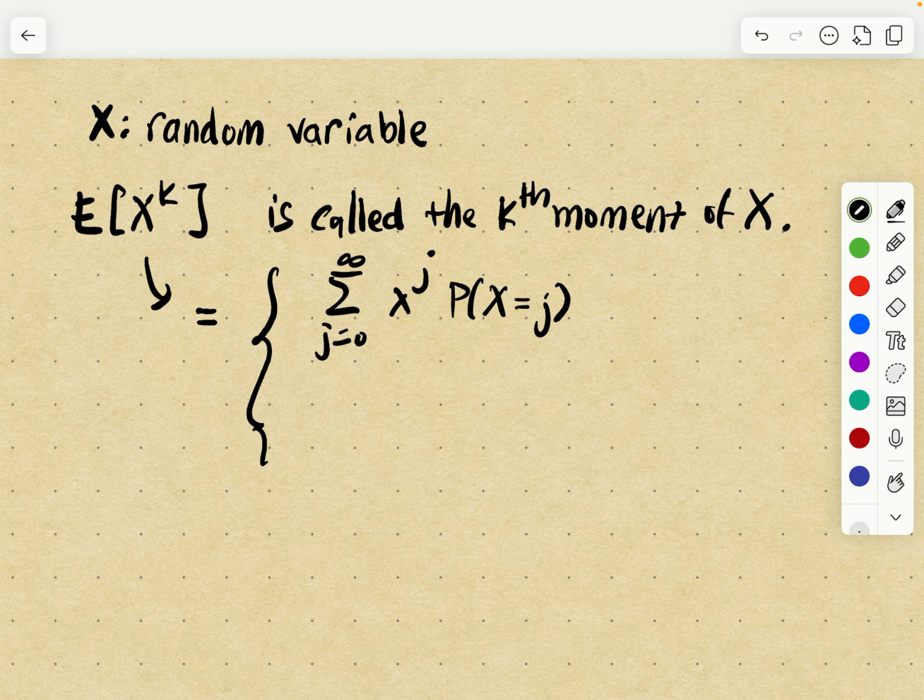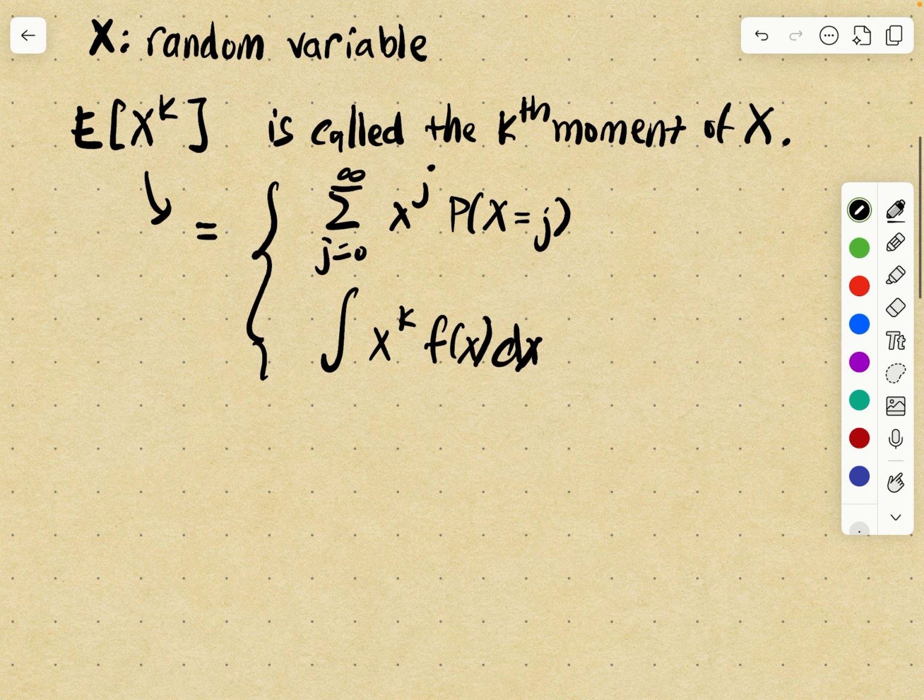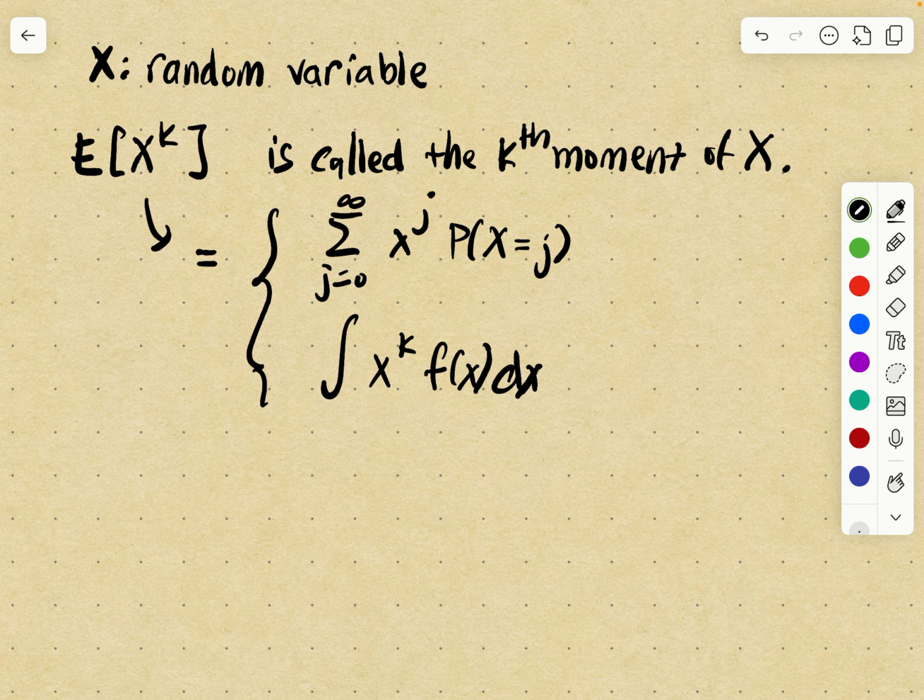If it's discrete. If it's continuous, then it's the integral of x to the k times the density function, right? Okay.